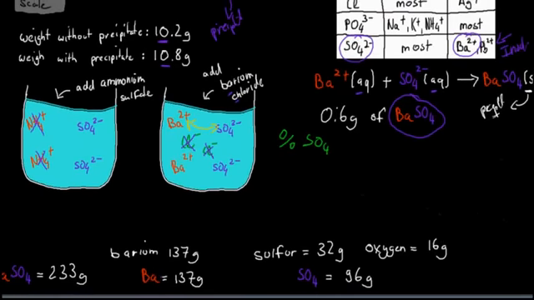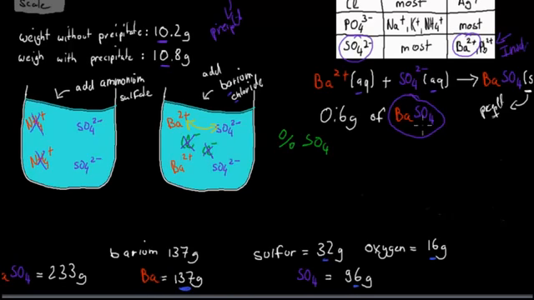So for example, we have barium, which if you look at the periodic table, you can find out it weighs 137 grams for 1 mole. Sulfur weighs 32 grams for 1 mole, and oxygen weighs 16 grams. So sulfate is SO4. I just did the calculations. All that together is 96. So 1 mole of sulfate weighs 96 grams, 1 mole of barium weighs 137 grams.